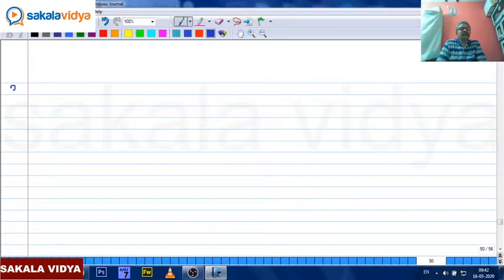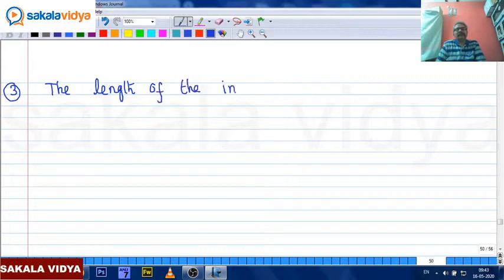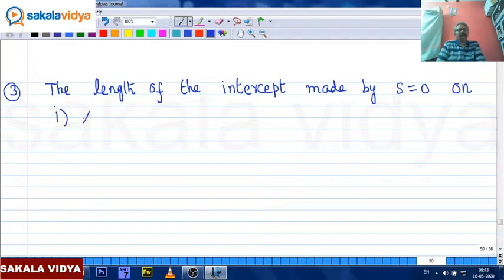Third point, the length of the intercept made by S is equal to 0 on the first point x-axis, second point y-axis.